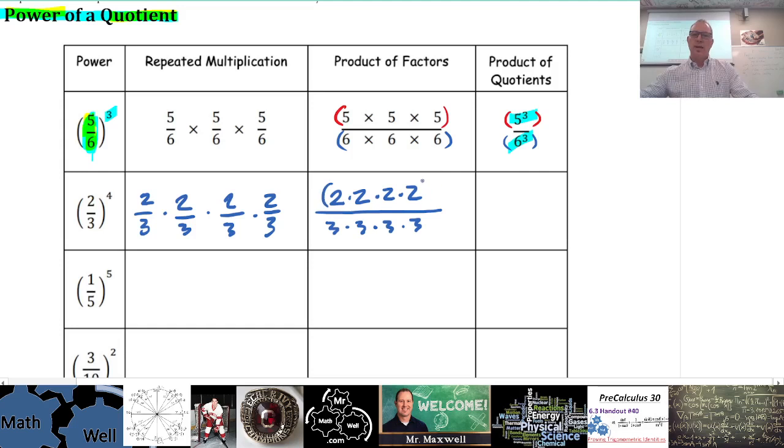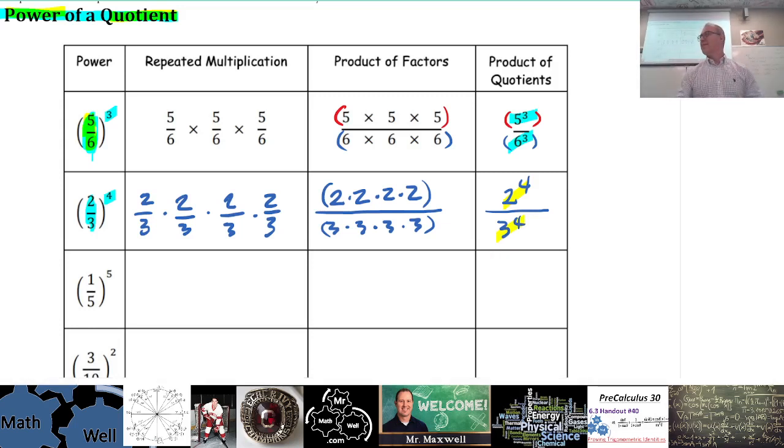You group those together, that's actually 2 to the 4 on top there. You group these together, and that's 3 to the 4. So I have 2/3 all to the power of 4 is the same as 2 to the 4 divided by 3 to the 4. So you might be seeing some similar patterns, right, to the factors, okay?